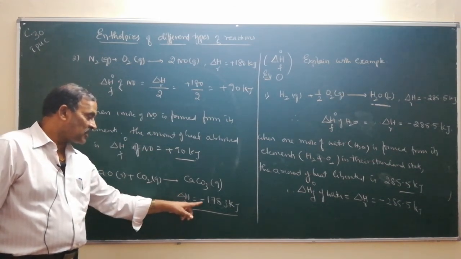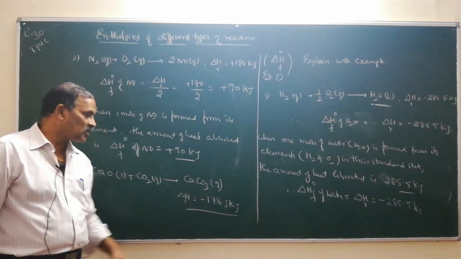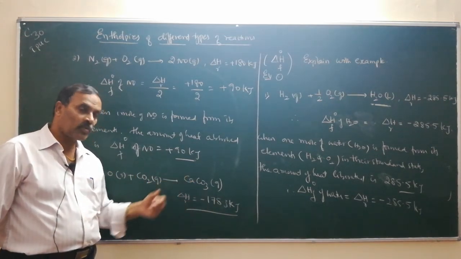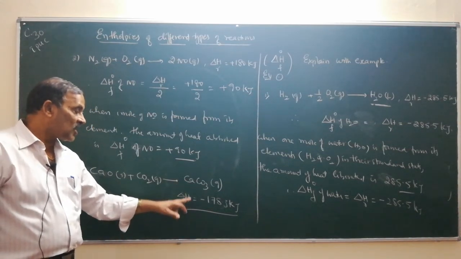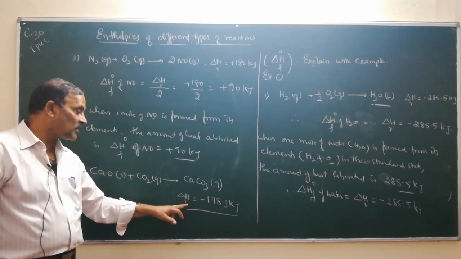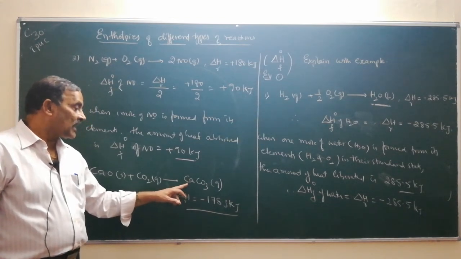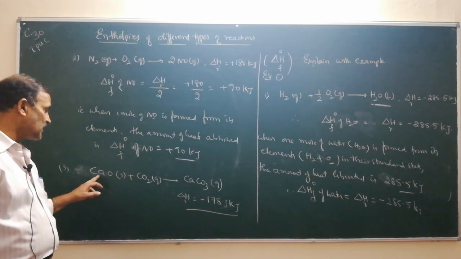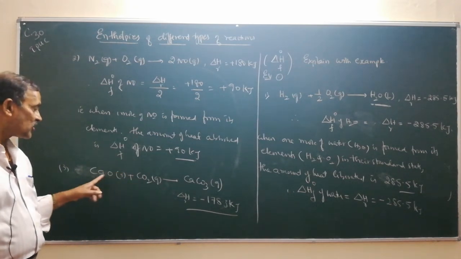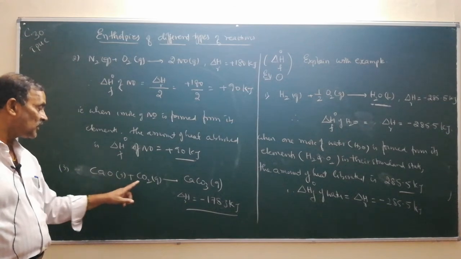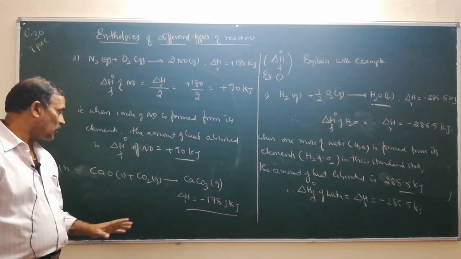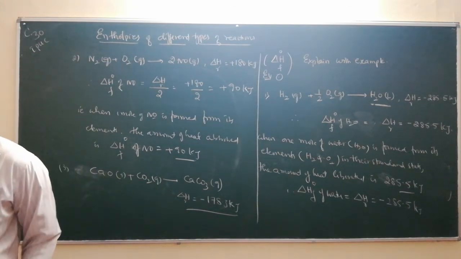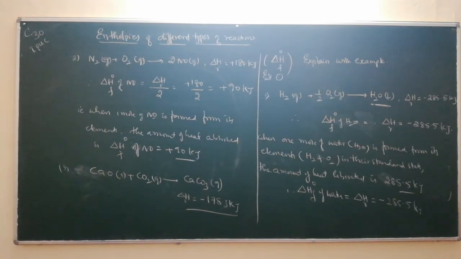Enthalpy change of this reaction is equal to minus 180.3 kilojoules. So what is the enthalpy of formation of calcium carbonate? This is not the enthalpy of formation of calcium carbonate, because calcium carbonate is not formed from its elements. It is formed by the reaction of 2 compounds. These are the 2 compounds. Therefore, this is not the enthalpy of formation of calcium carbonate.